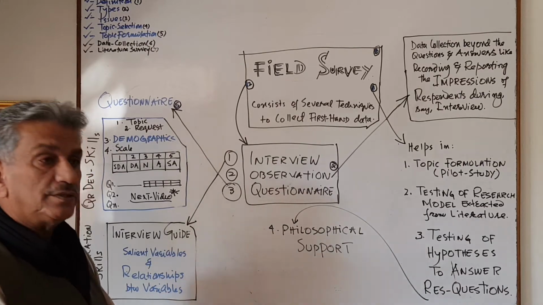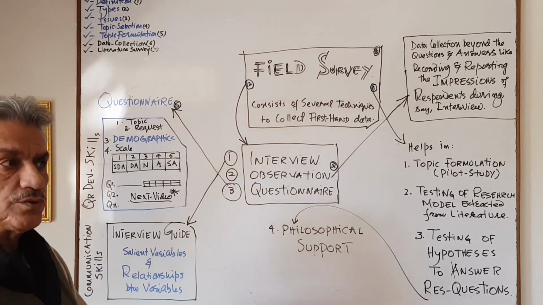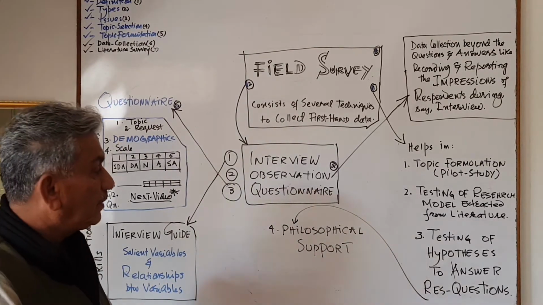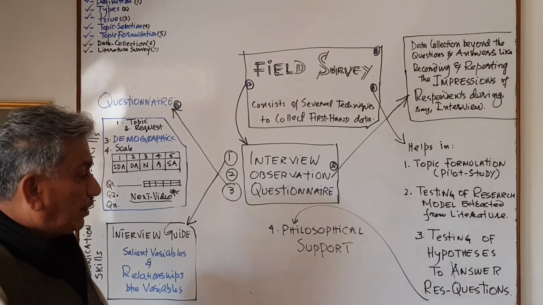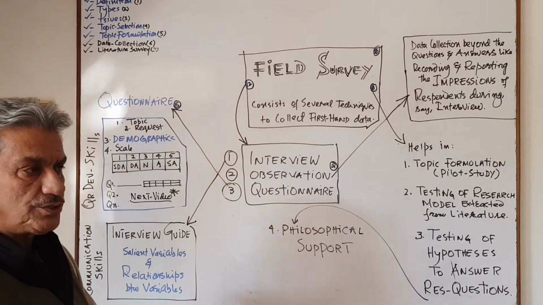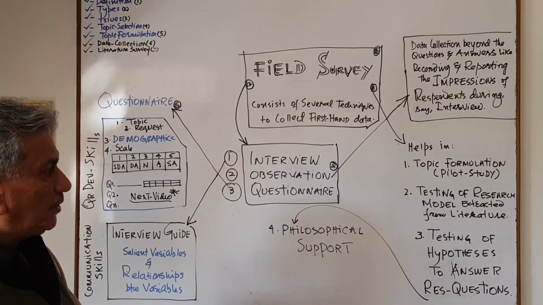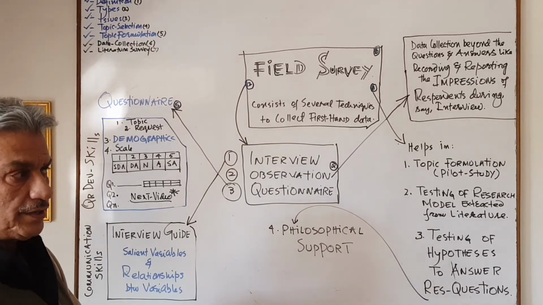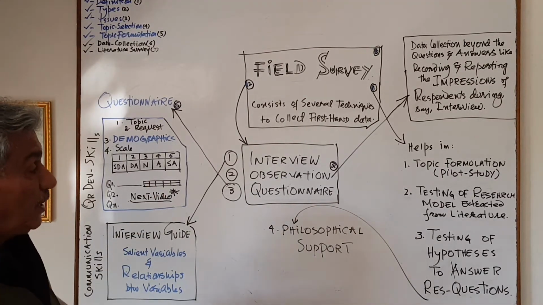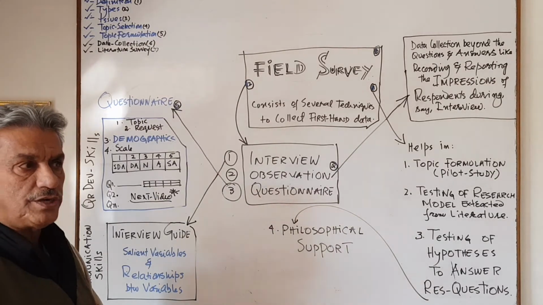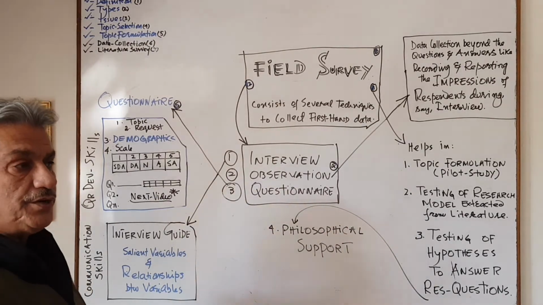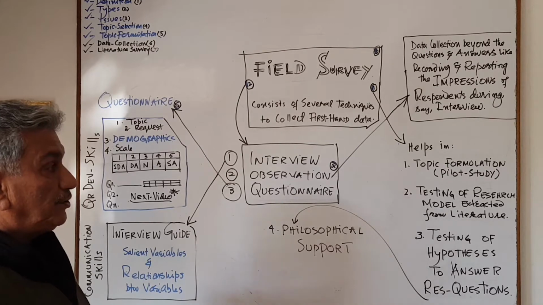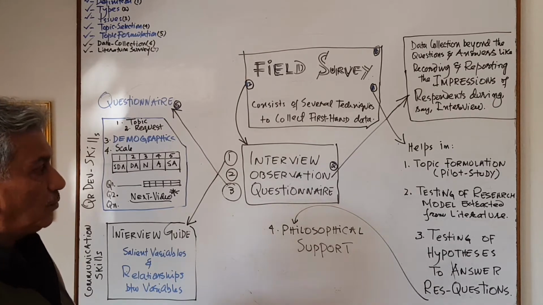We shall discuss the research philosophy in forthcoming videos, but for the time being, I would say that in social research we use positivism, which says that knowledge is what can be verified. So the field survey helps in the verification of the variables, their interrelationships, and the theory we developed out of the literature.